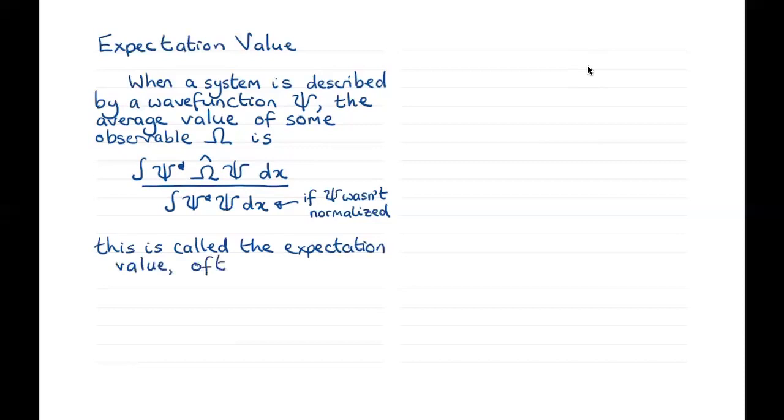And we often write it as omega in pointy brackets.